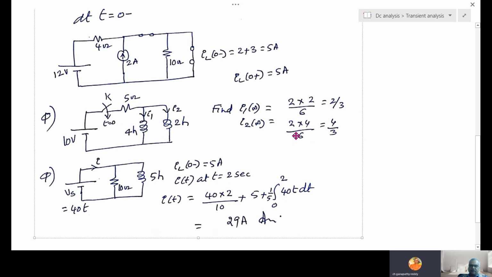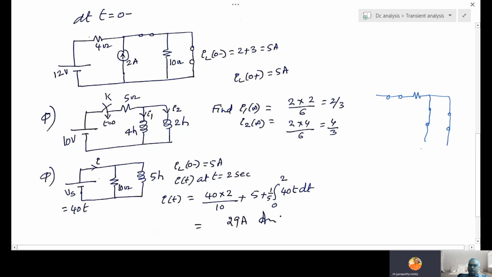Infinite means steady state. So at steady state, draw the equivalent circuit. Infinite means the switch is closed. So 5 ohm. Then this inductor is short. This inductor is also short.